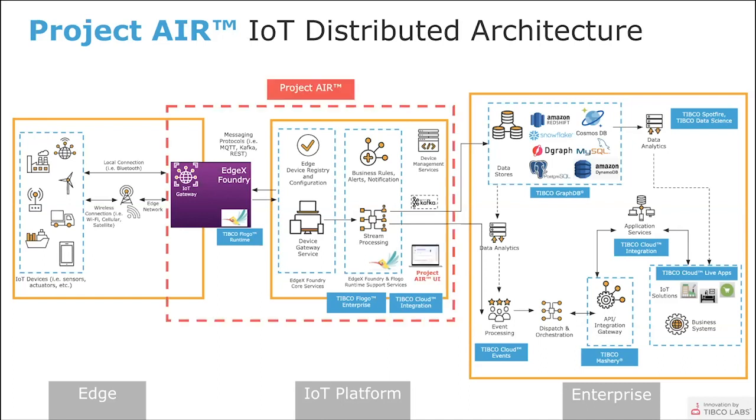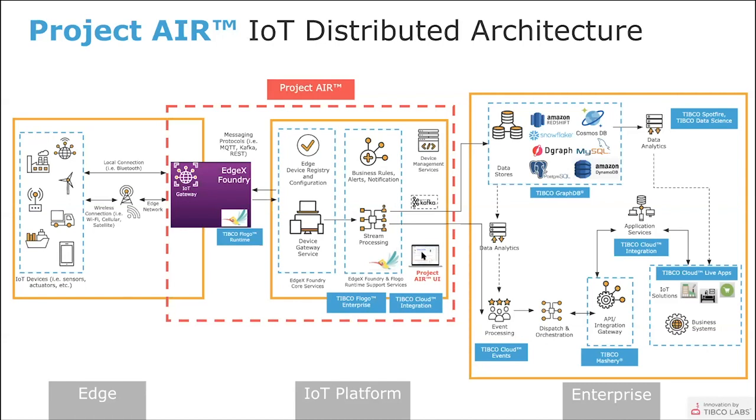That's where Project AIR sits, which is the platform that allows you to capture that data, formalize that data, normalize that data, and make sense of the data, add some rules, clean it up, and then send it all the way to your enterprise, as well as having a UI to manage all that.